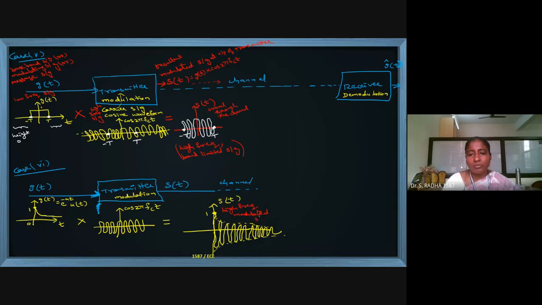Based on the shape of the message signal, it is framed. This is the low frequency message signal, and this is the high frequency carrier signal.